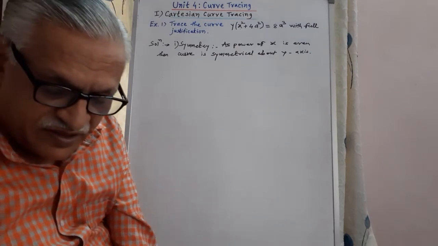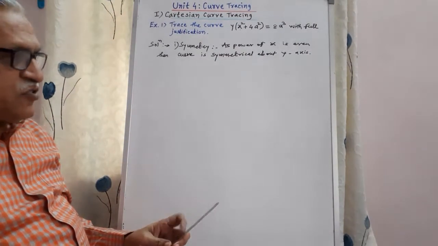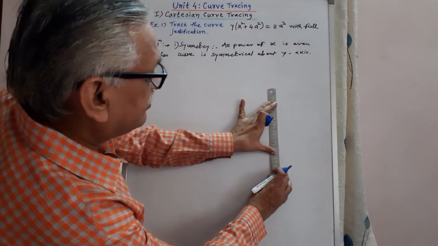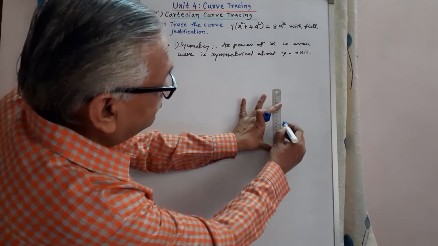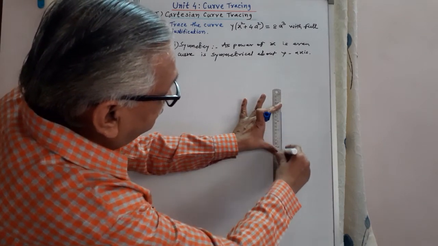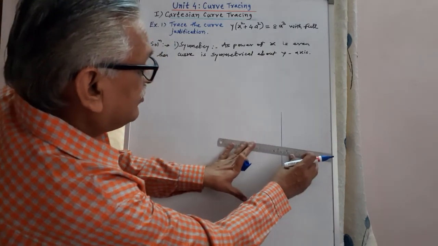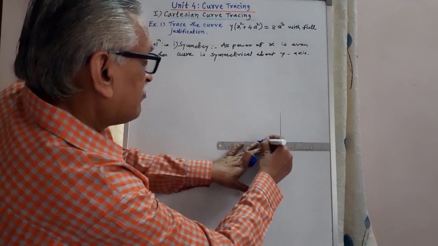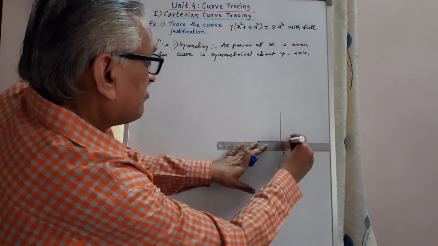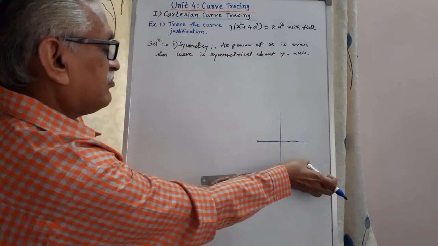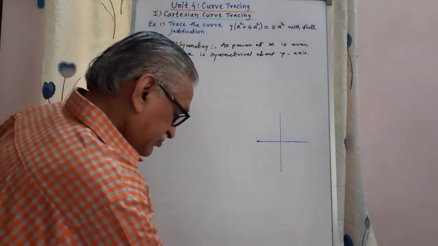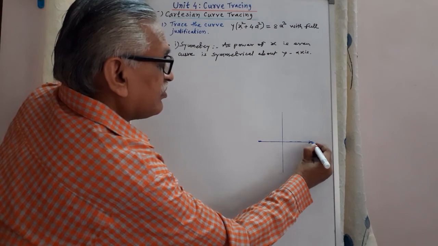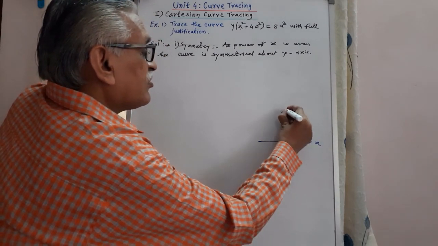This time curve is symmetrical about y-axis. Therefore, here I will show this simultaneously, whatever the points we are getting. X-axis, y-axis.